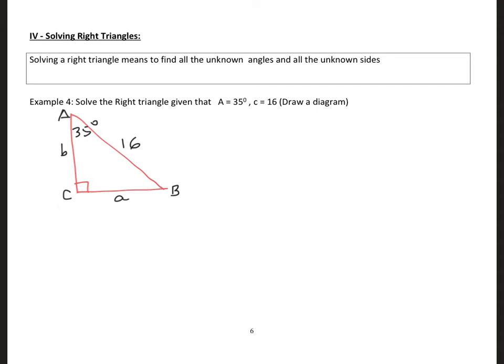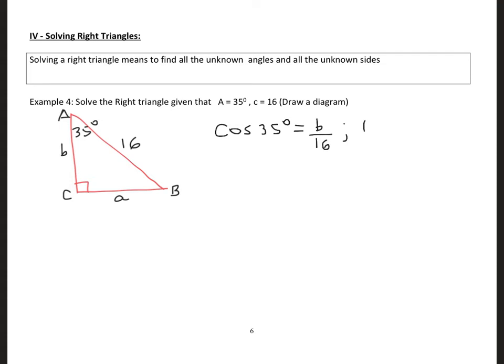So let's start with side B. What ratio am I going to use? Remember, I have adjacent and I have hypotenuse. So I'm going to write cosine of 35 is equal to adjacent over hypotenuse. To solve this one, I'm going to multiply by 16 on both sides.